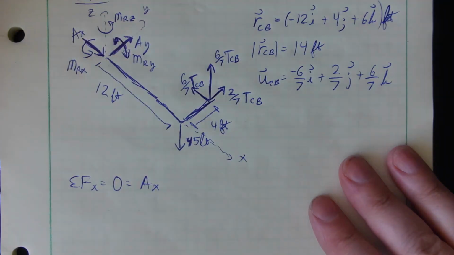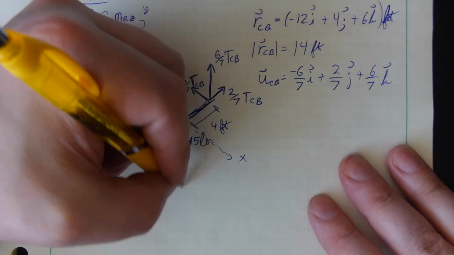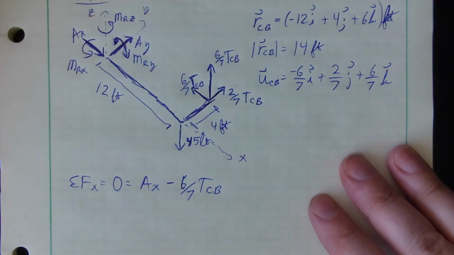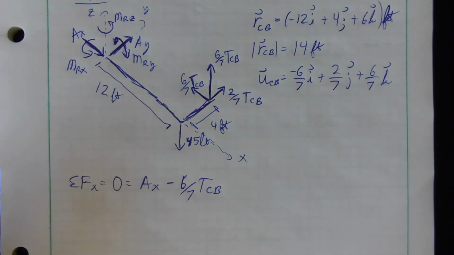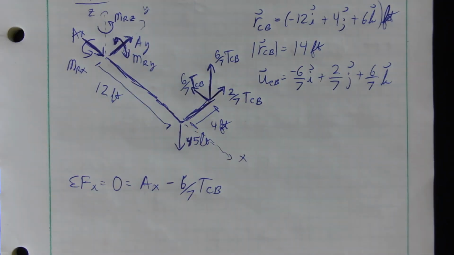I got AX. And I've got, in the negative x direction, some tension, minus 6/7 TCB. By the way, if you want to pause and write out your equilibrium equations, that's really good practice. You should be able to go from a free body diagram to equilibrium equations.